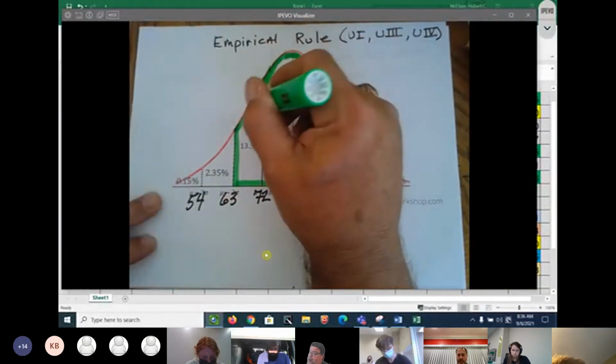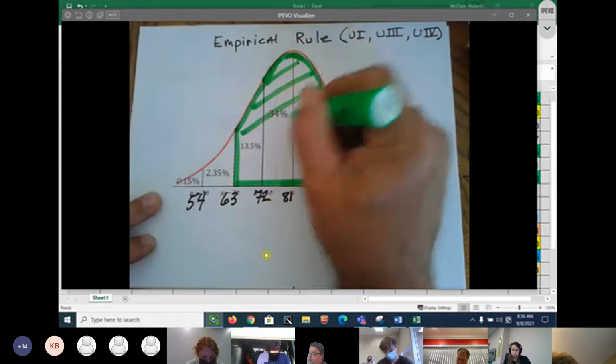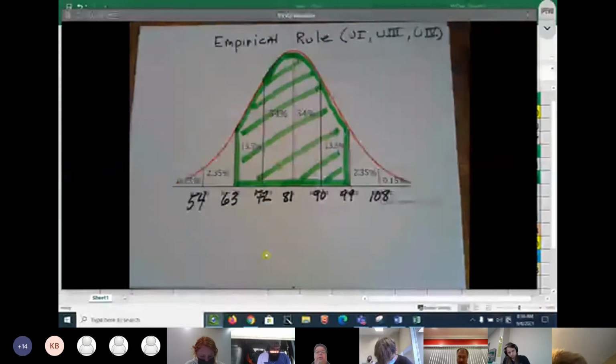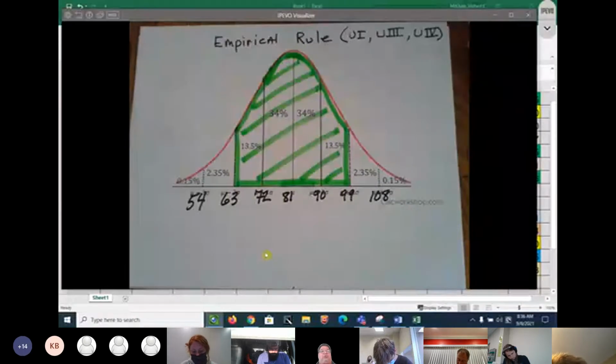That's what the empirical rule says. 95% is going to fall within 2 standard deviations. Now, I'm talking 2 or 3 questions on the test here, just the empirical rule. So you better know it.